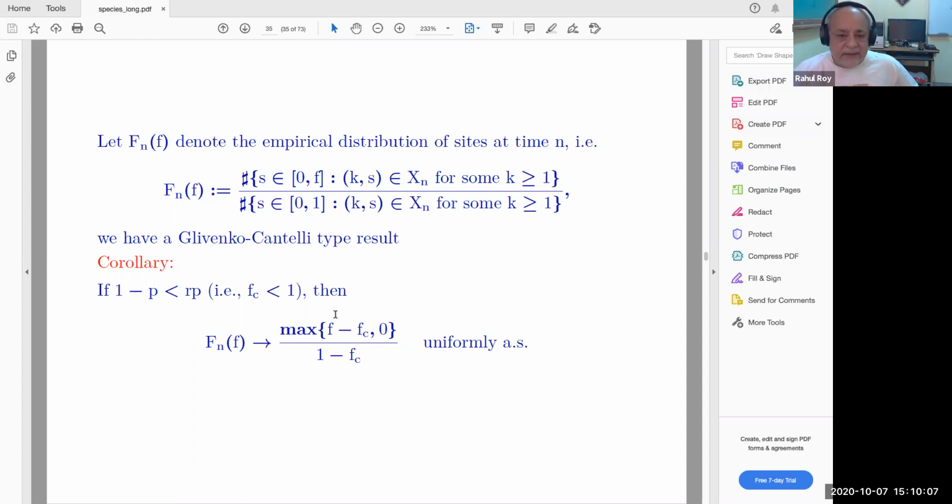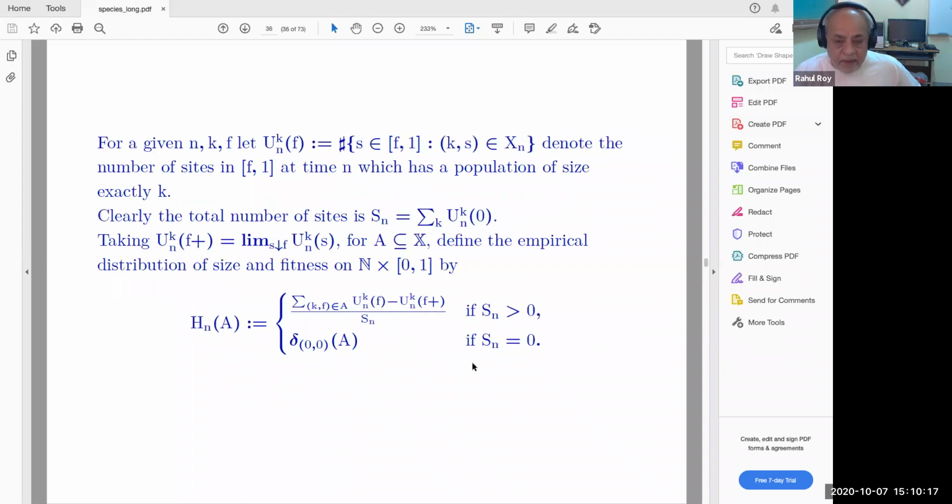So this really makes sense when we are looking at Fc strictly less than 1. In this case, we have f minus Fc over 1 minus Fc, uniformly, almost surely. Okay.